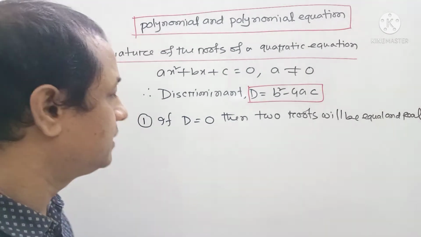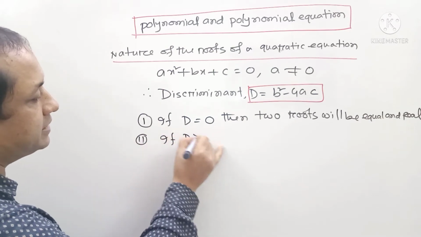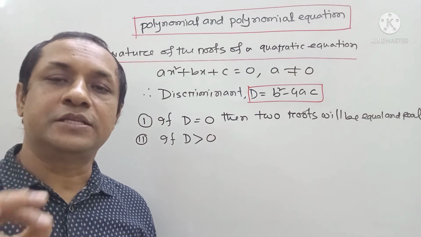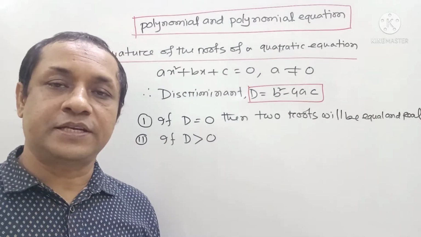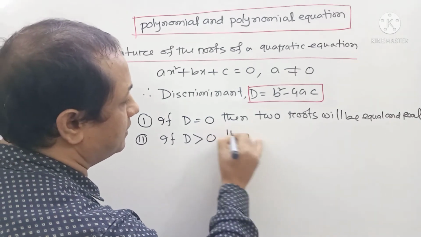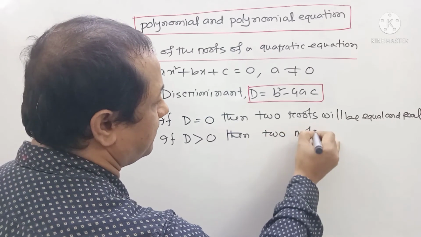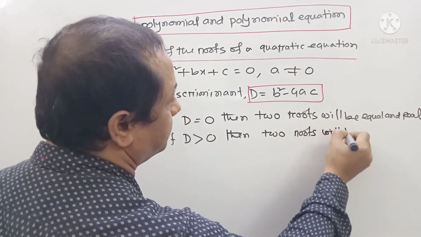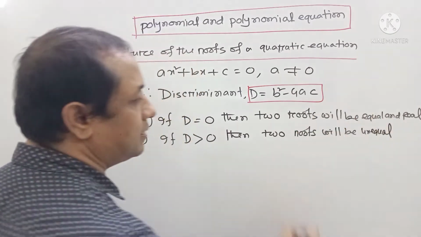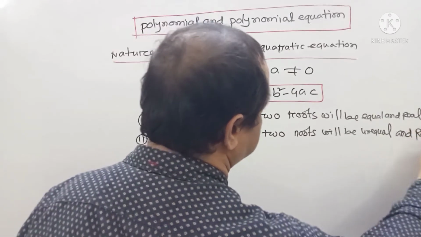Condition number 2: if d is greater than 0, the value of the discriminant is positive, then the two roots will be unequal and real.